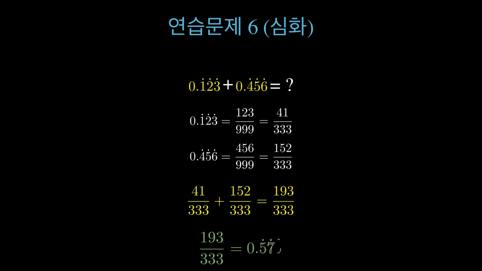By our formula, 0.123123, and so on, equals 0.123 recurring, which equals 123 over 999, and 0.456456, and so on, equals 0.456 recurring, which equals 456 over 999. Adding them together gives 123 plus 456 over 999, which equals 579 over 999. Converting this fraction back into a decimal, since the denominator is 999, we get a 3-digit repeating block, 0.579 recurring.